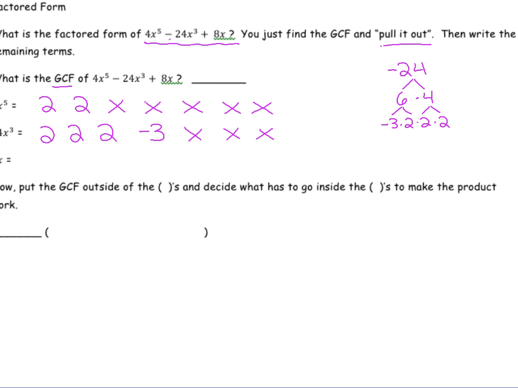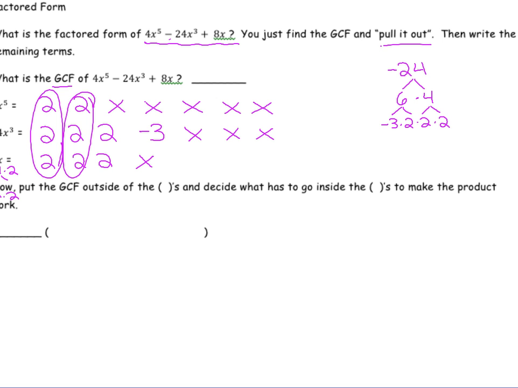All right, for 8x, you might be able to do that one in your head. 4 times 2, and then break this down a little bit further into 2 times 2. So it's 2, 2, 2, and then there's only 1x. So to look and see what the biggest number is they have in common, looks like I can definitely pull out 1, 2, and actually I can pull out 2 of them.